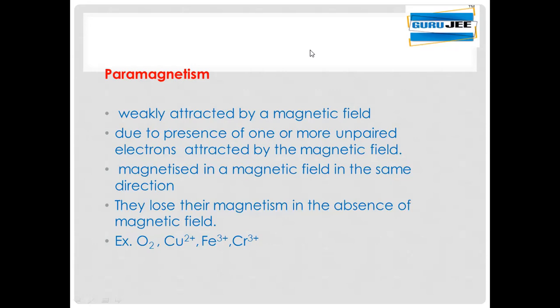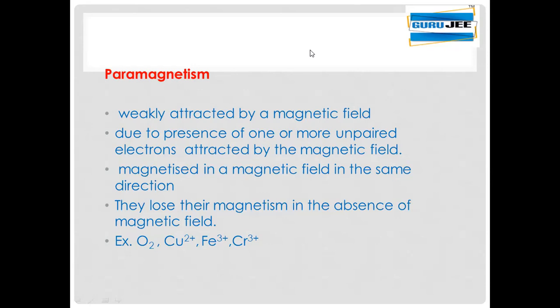Do you understand? If we place a magnet near a substance, it will get magnetized and the electrons present in that substance will be aligned in the same direction as that of the magnetic field. It shows the magnetic property due to the presence of unpaired electrons. If we remove the magnet from the substance, it will again lose its magnetism.